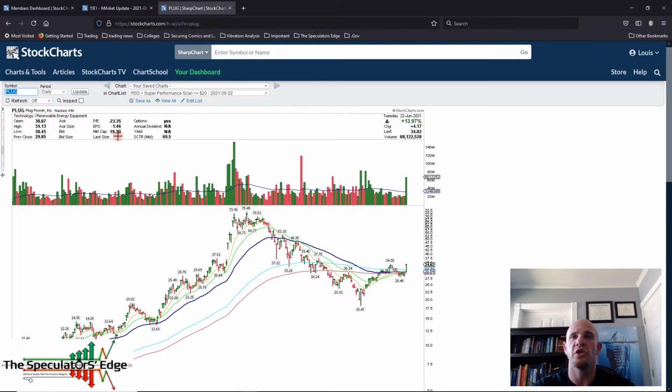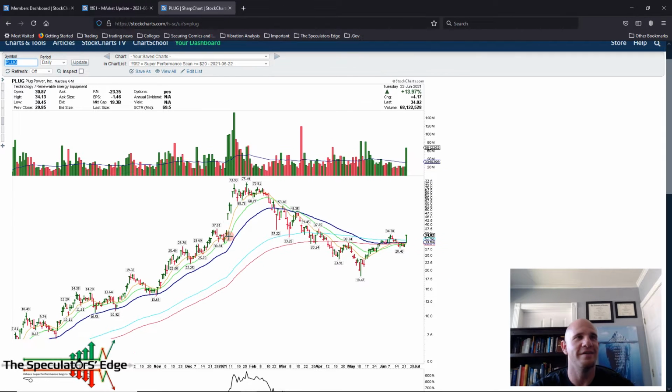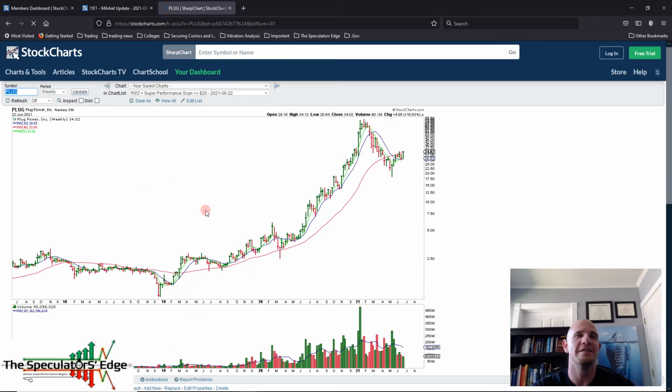We'll go over a couple of charts here that I like. PLUG, which is Plug Power, renewable energy equipment. Let me point this out. I traded this stock back here in 2020, right here on this cup and handle.